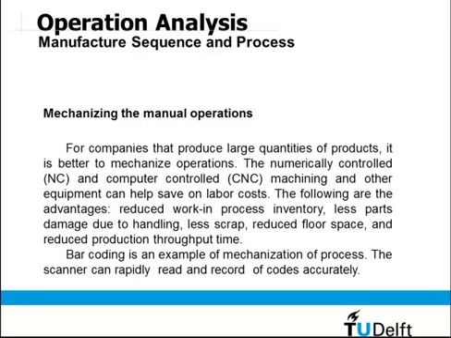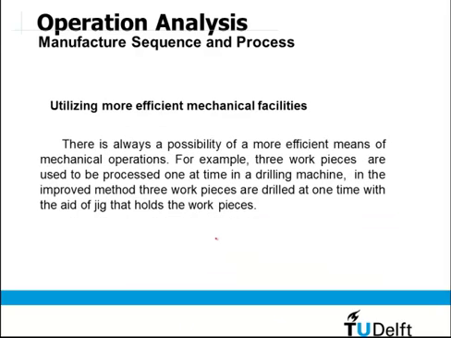what we call barcoding we can eliminate some errors. Utilizing more efficient mechanical facilities. There is always the possibility of more efficient means of mechanical operations. For example, 3 work pieces used to be processed one at a time in drilling machines.